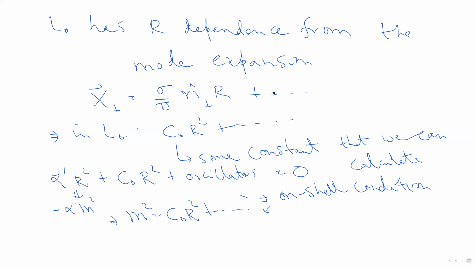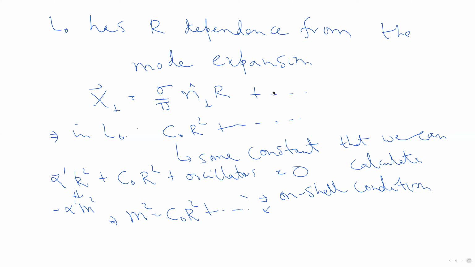Now let's see what we expect for the mass of the open string for large R. Can you guess what is the expected mass of the open string if R is very large? Two regions very far apart, open string hanging. What is the expected contribution to the mass, which is R dependent, for large R?